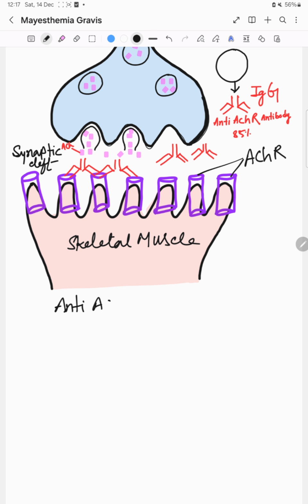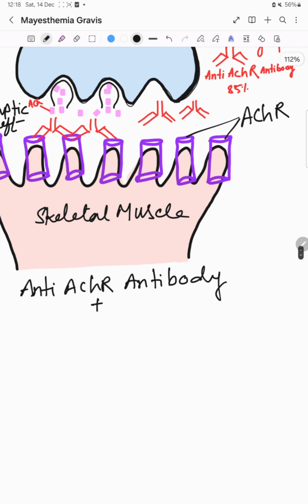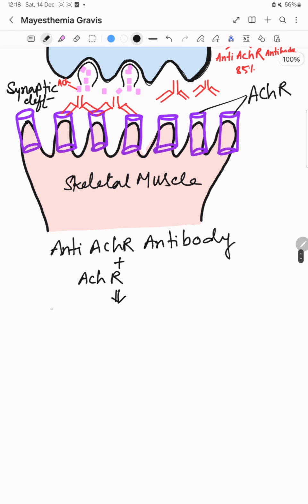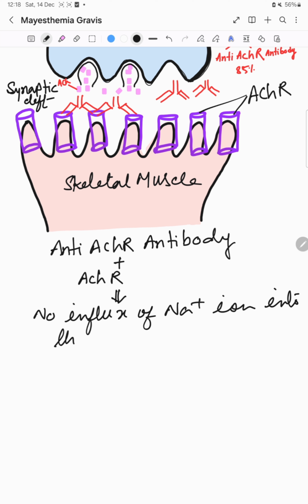Anti-acetylcholine receptor antibody binds with the acetylcholine receptor, and that may lead to no influx of sodium ion into the skeletal muscle, and there is no EPP.